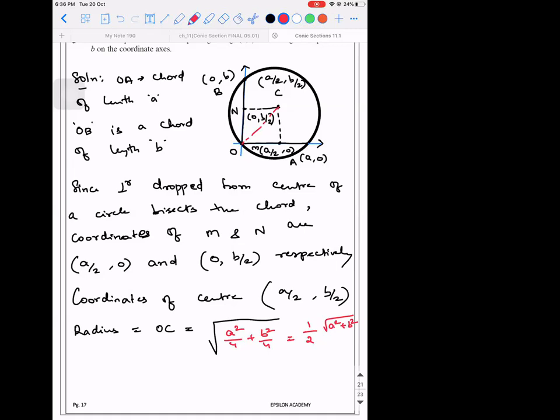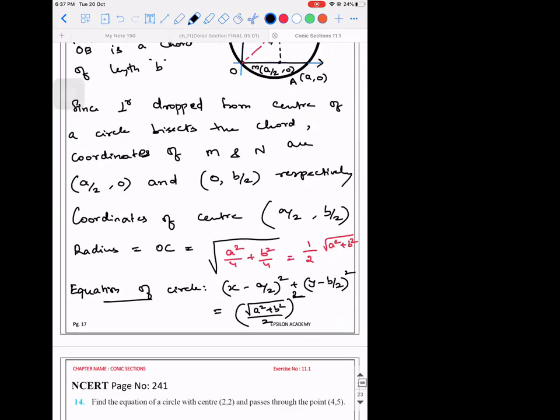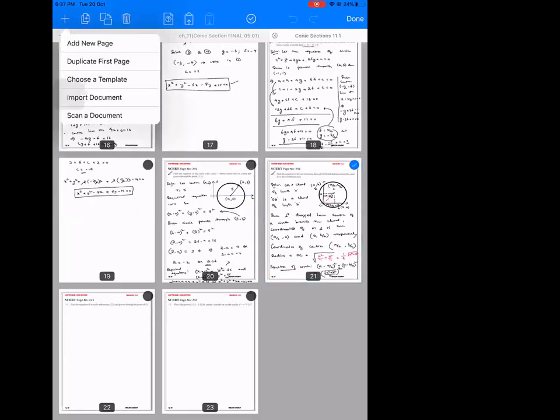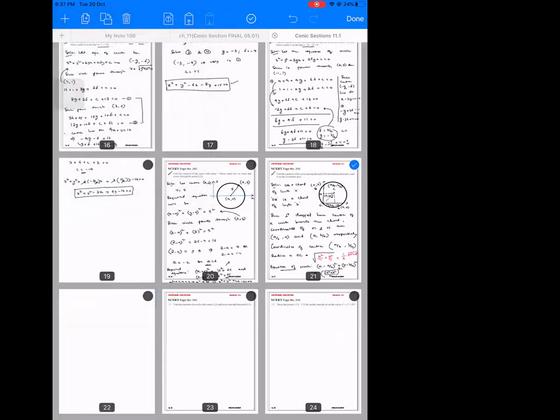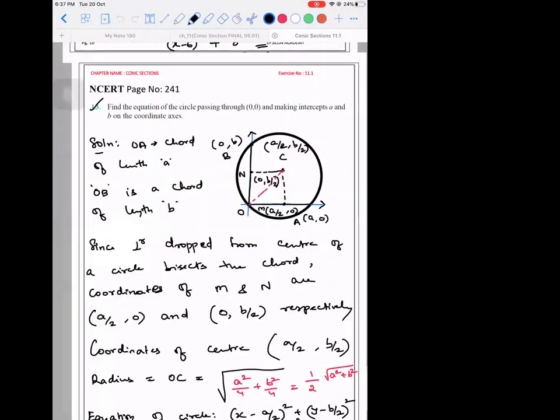So what will be the equation of circle then? x minus a by 2 the whole square plus y minus b by 2 the whole square is equal to root of a square plus b square by 2 the whole square. Okay.